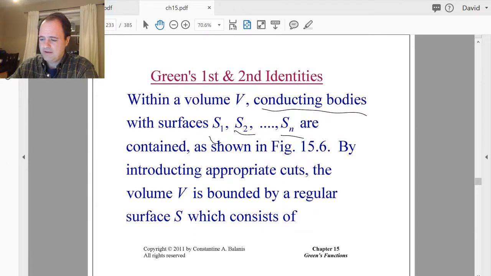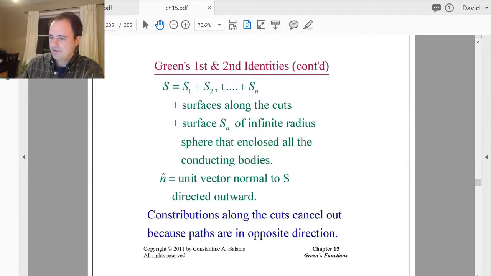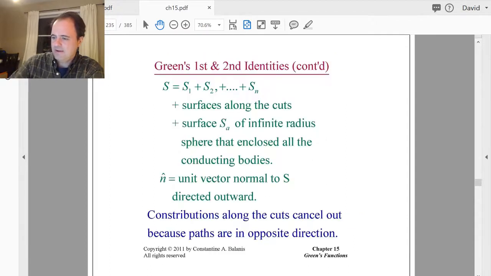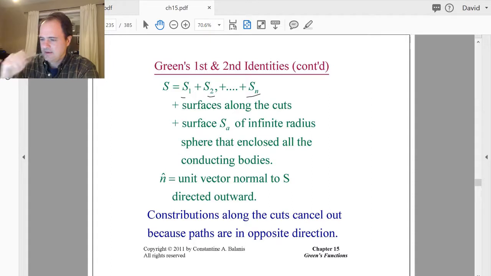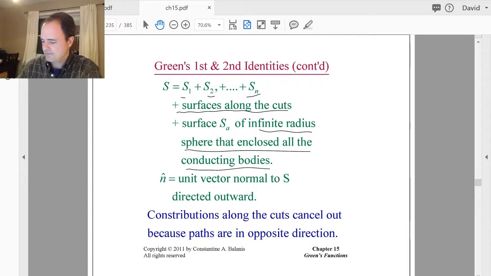Now, by appropriate cuts, the volume V is bounded by a regular surface S that consists of S1 plus S2 plus Sn, plus surfaces along the cuts, and S_A, the infinite radius sphere that encloses all the conducting bodies.